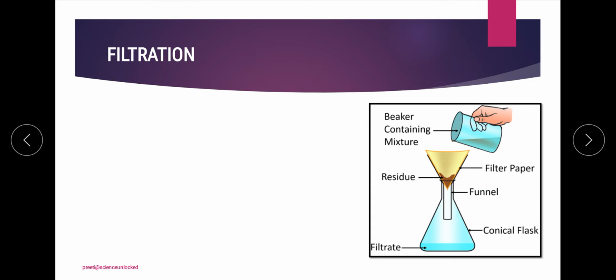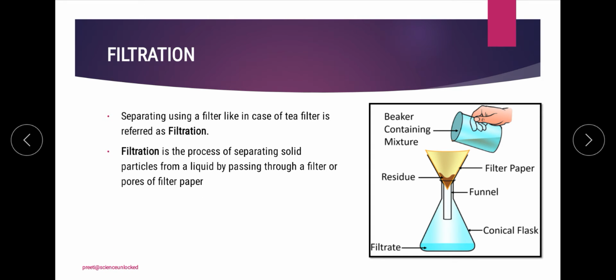We make a cone out of the filter paper so that it can sit on the funnel, and we pour the supernatant that we have collected after decantation through the filter paper so that it is filtered properly, even if there is a small quantity of impurities in it.